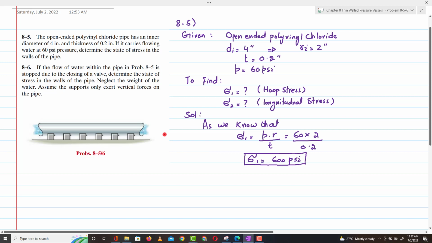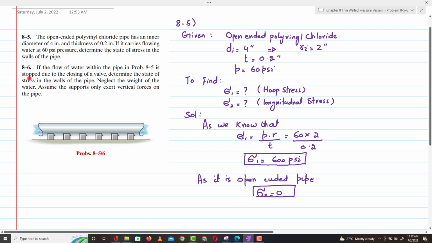So you can see the pipes are open. As it is an open-ended pipe, in that condition sigma 2 will be equal to 0. So this was the answer of our question 8-5.